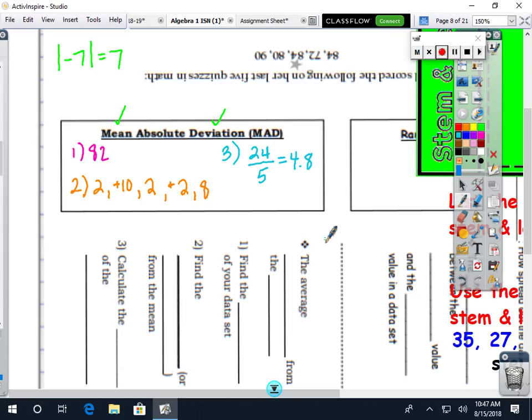Okay, so now we're done with our foldable. So you can go ahead and close it and close up your composition book and just put it to the side. And now we're going to be working in our packet.